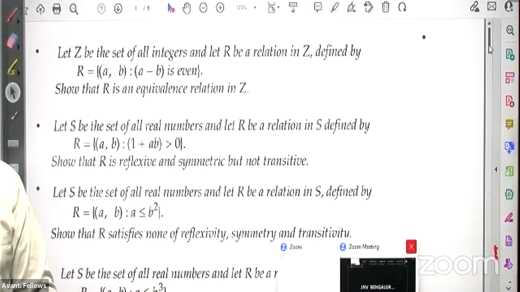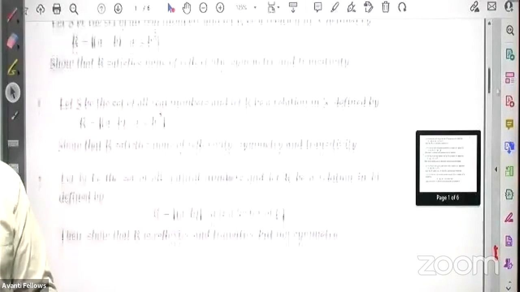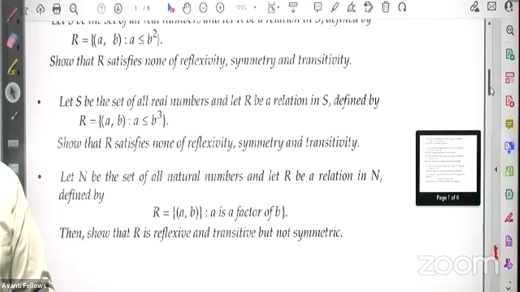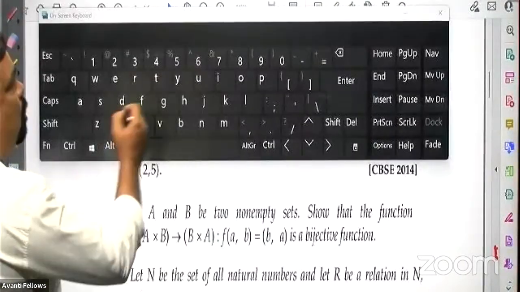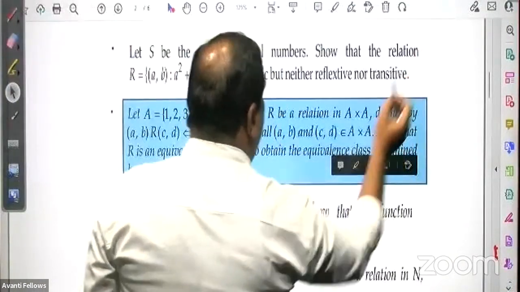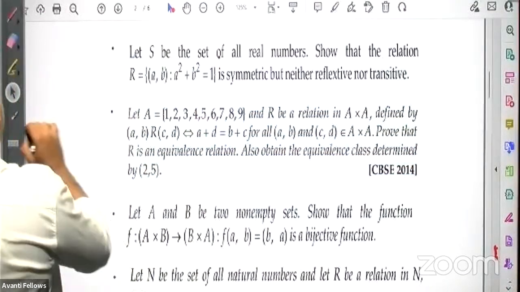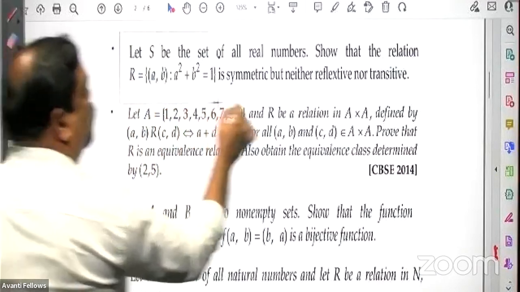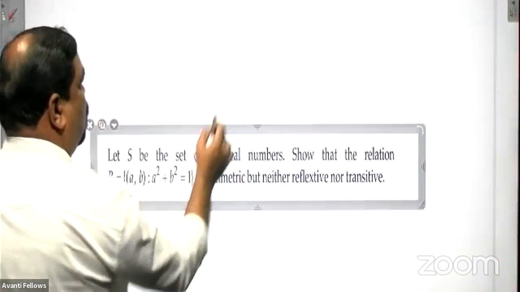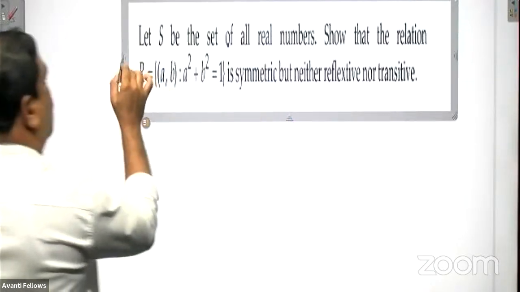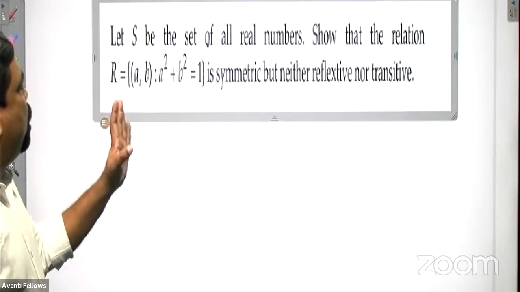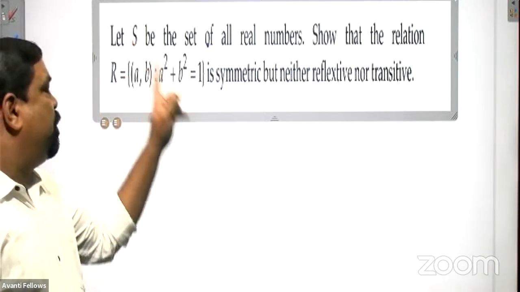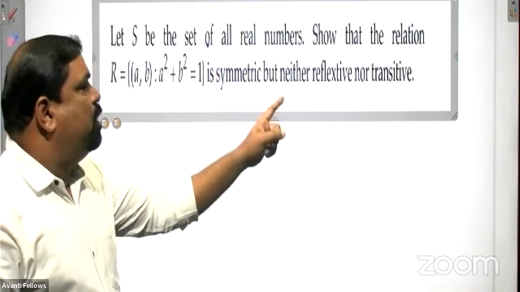Now, let us take the set of all real numbers and show that the relation R, equal to all ordered pairs (A, B) such that A square plus B square equal to 1, is symmetric, but neither reflexive nor transitive.